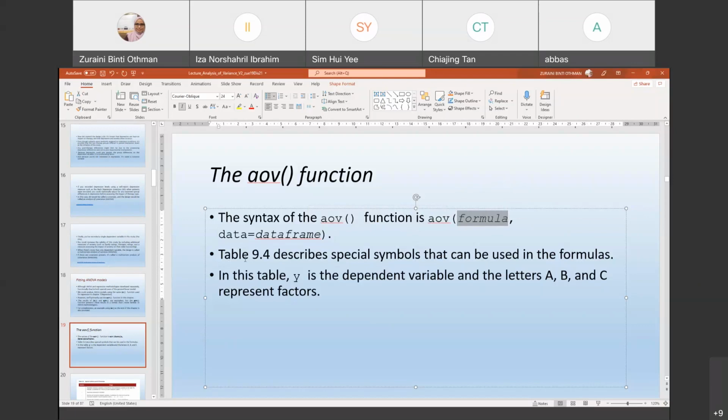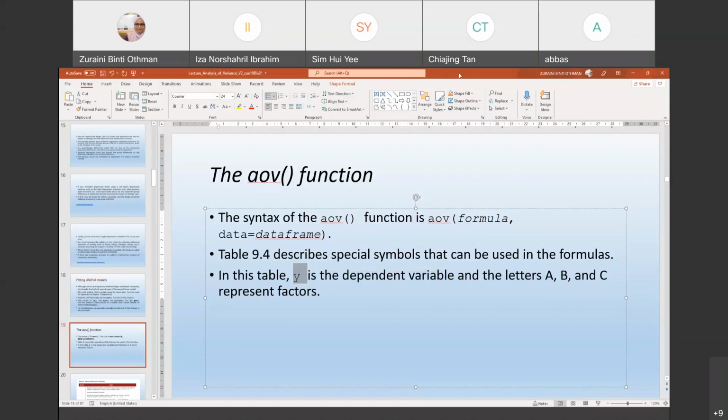In the next table, we describe the special symbols that can be used in the formula. In this table, Y is the dependent variable and the letters A, B, C represent the factors.